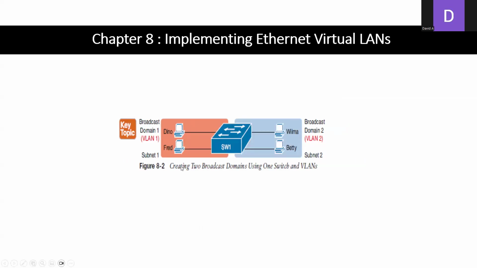This is what we see right here: we only have one switch, but we set up two VLANs, two broadcast domains, two virtual local area networks. Virtual local area networks meaning this was a local area network programmed by software. So we were able to achieve this, creating two broadcast domains using one switch by VLANs. Simple enough.